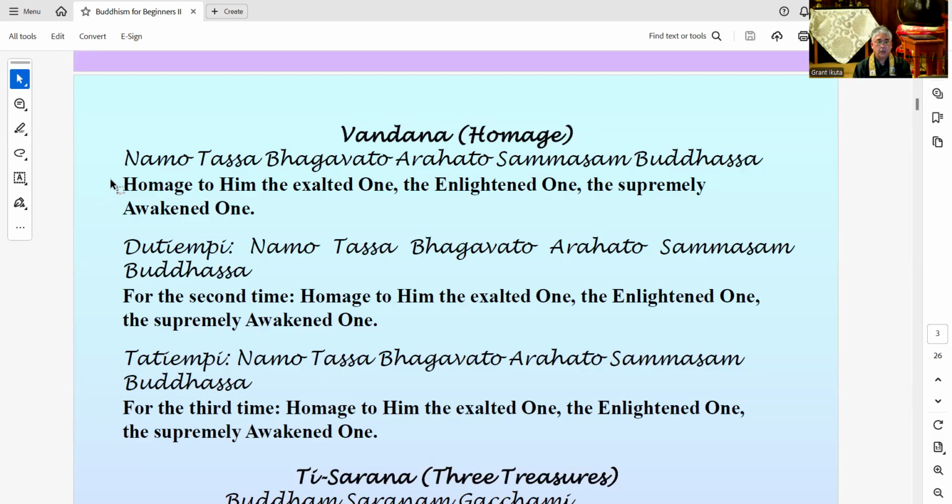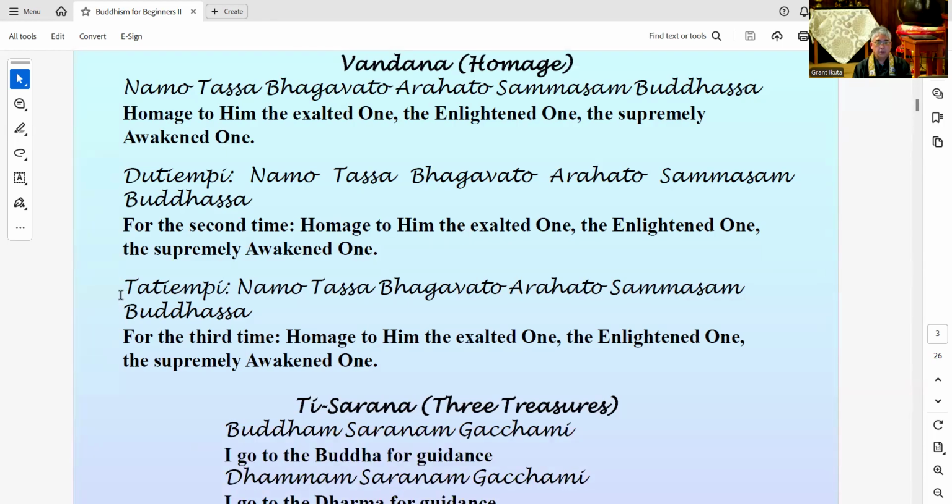Namo tassa bhagavato arahato samma sambuddhassa. Homage to him, the exalted one, the enlightened one, the supremely awakened one. For the second time, homage to him, the exalted one, the enlightened one, the supremely awakened one.